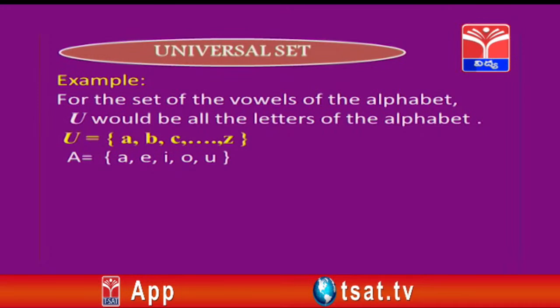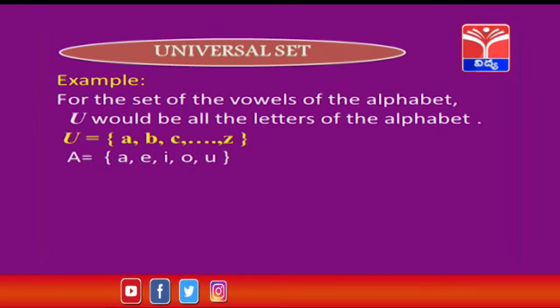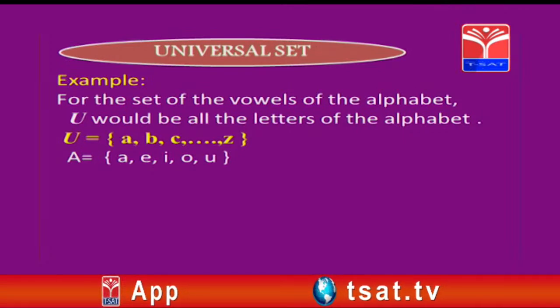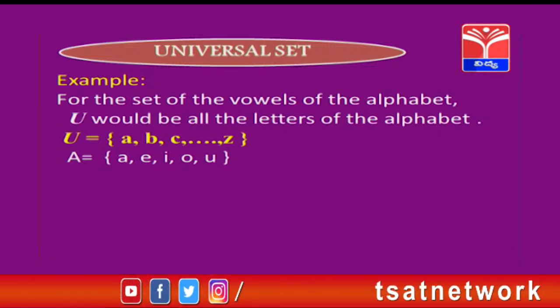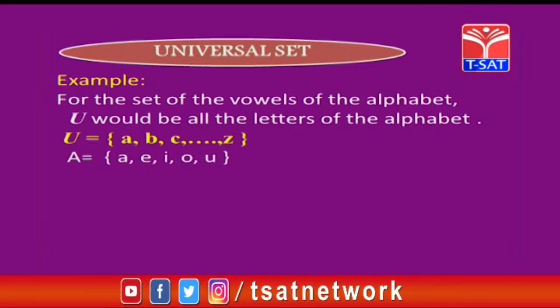For example, for the set of vowels of the alphabet in English, U would be all the letters of the alphabet. Now, U is equal to the set A, B, C up to Z, and A is the set which contains the vowels A, E, I, O, U.